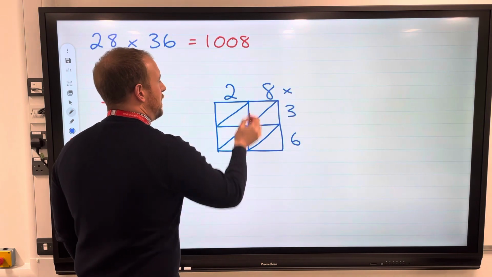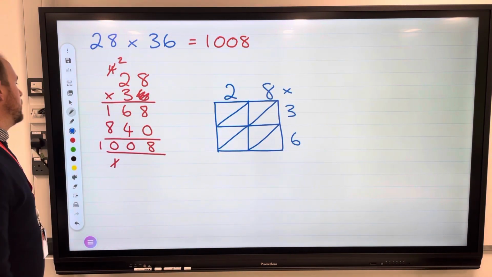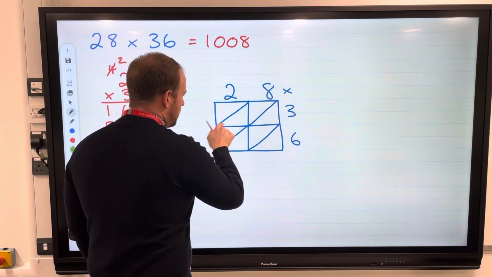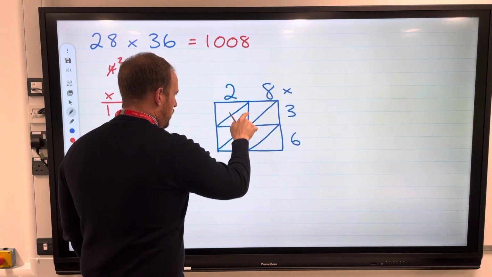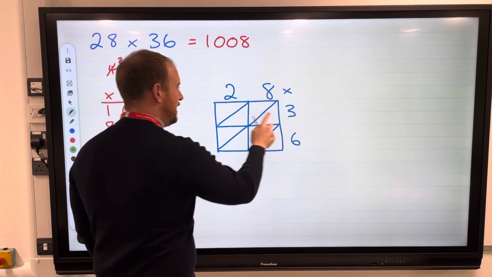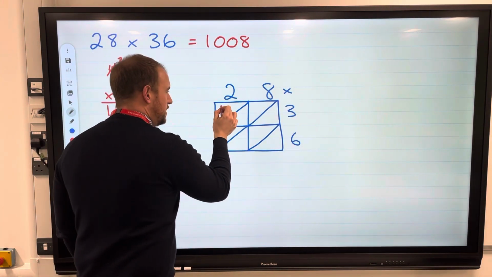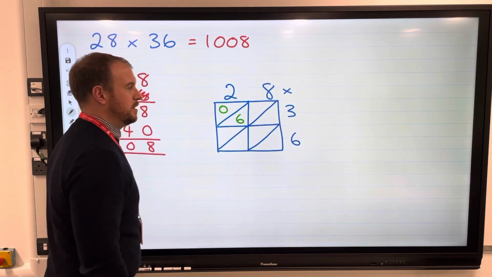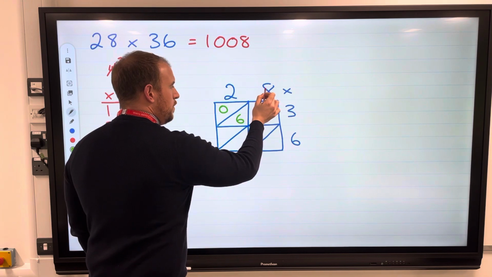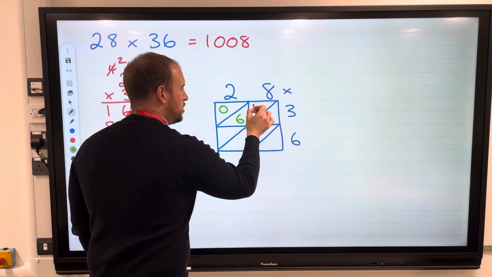We are multiplying 28 and 36. So let's fill in the grid. Now the way we do this, for this first little square here, we are multiplying 2 and 3. Okay, 2 times 3 is 6. I have 0 tens, 6 units. For this square here, we are looking at 8 multiplied by 3, which is 24.